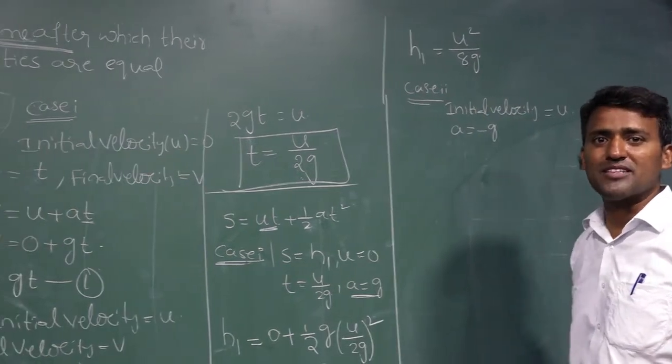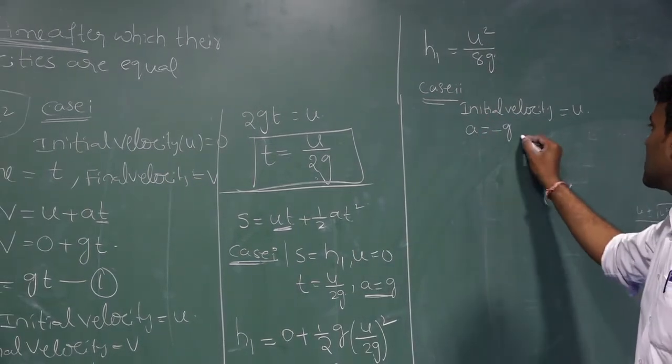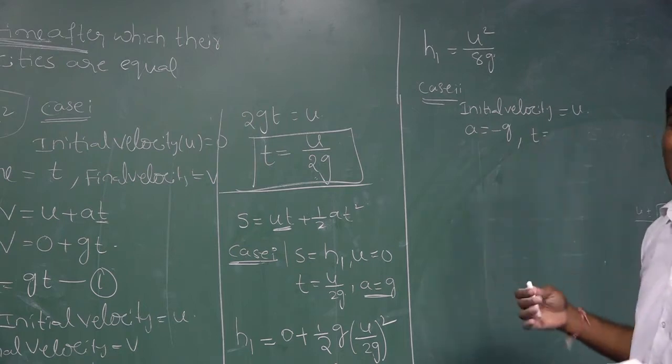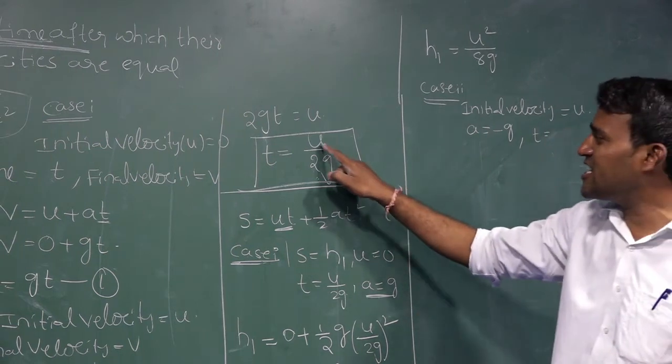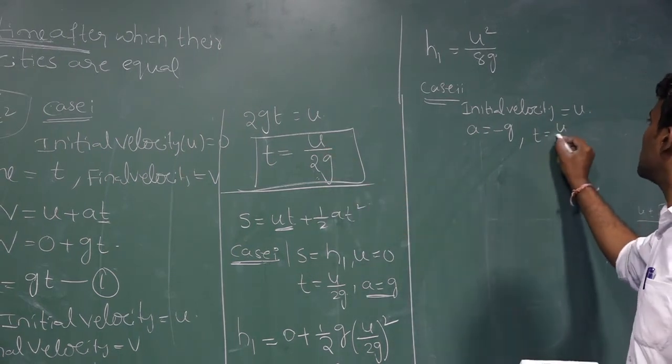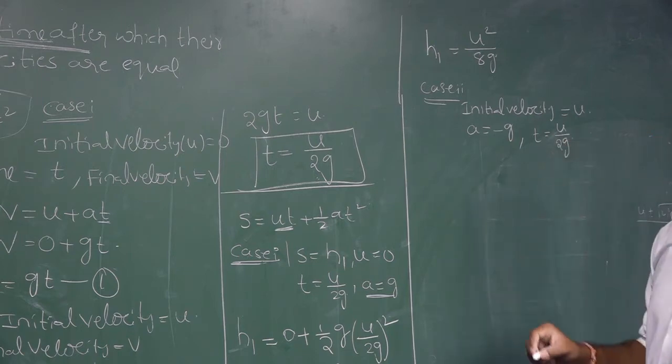Coming downward plus, going upward minus. Now after what time interval are we calculating? After t time interval, where t is equal to u by 2g.